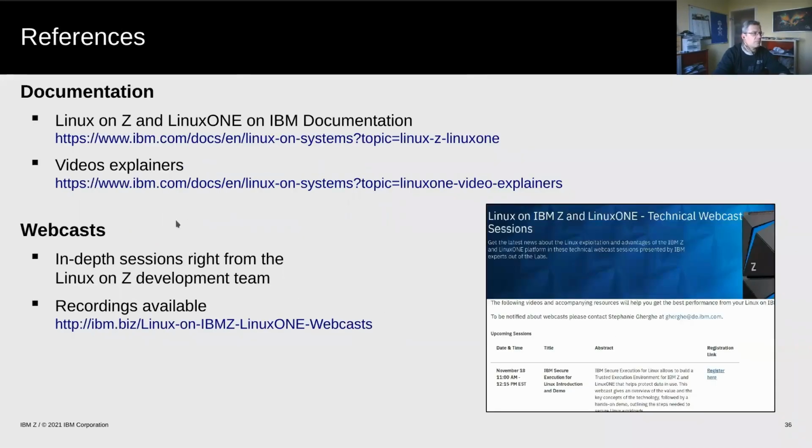Other than that, of course, we run our regular webcasts, which are available here, and we also have an awful lot of documentation out there. Especially video explainers might be interesting. They're very short, usually running 2 or 3 minutes, but that's about it. And of course, IBM switched over to a new place for its documentation, so that received a huge overhaul, and you might want to check that out.